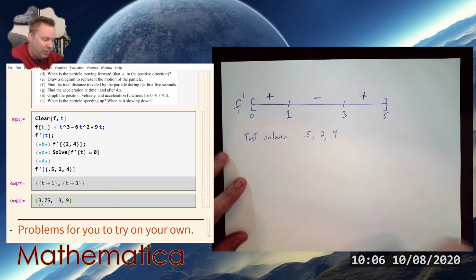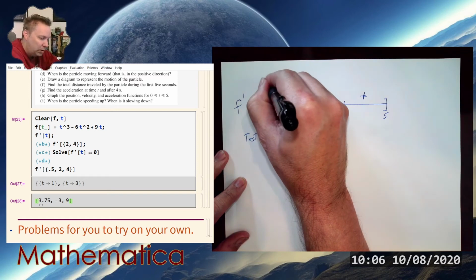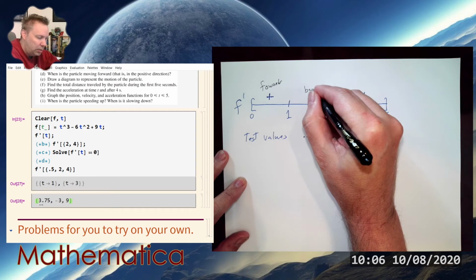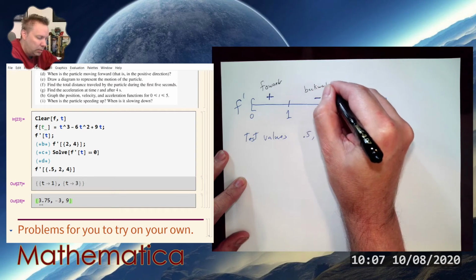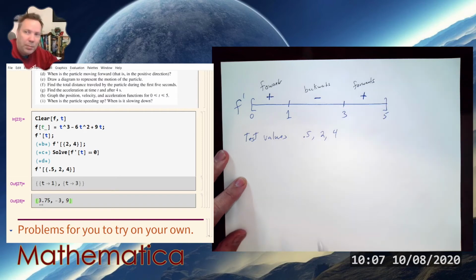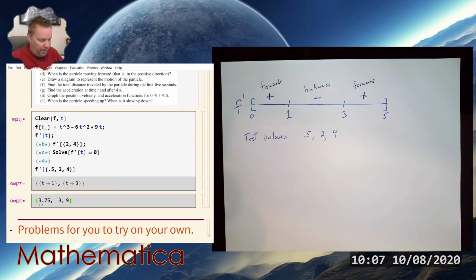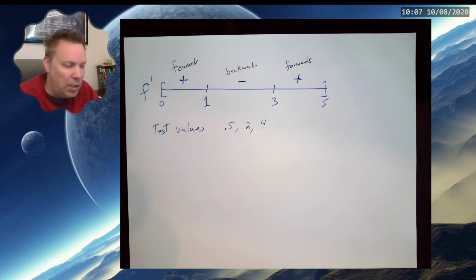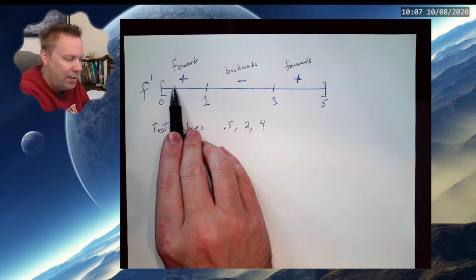So I would like to write down forwards, backwards, and then forwards again. Please include those words in your work. When I plugged in 0.5, I got a positive answer.